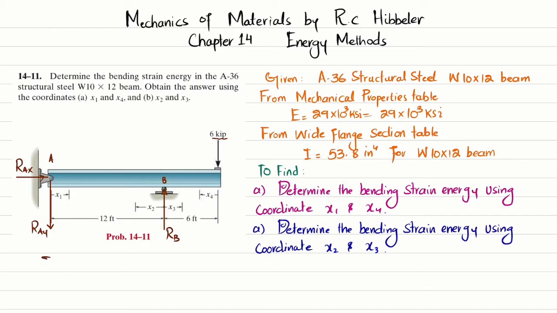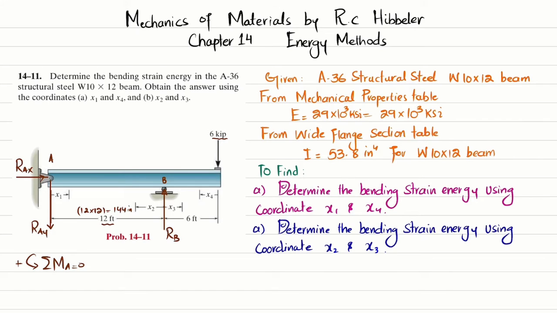What will be the equations of equilibrium? The first is that the sum of all moments about point A is equal to 0, taking counterclockwise moment as positive. This length is 12 feet, so in inches it is 12 by 12, which is 144 inch.